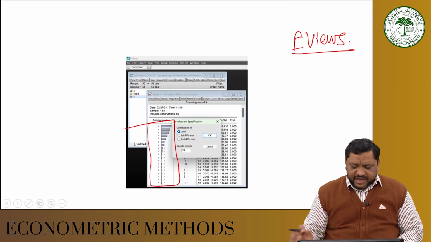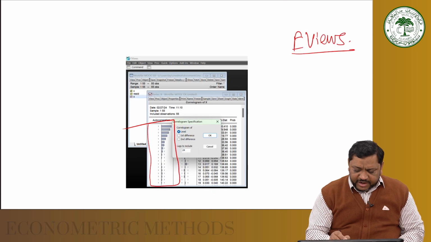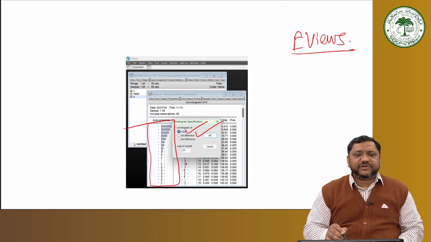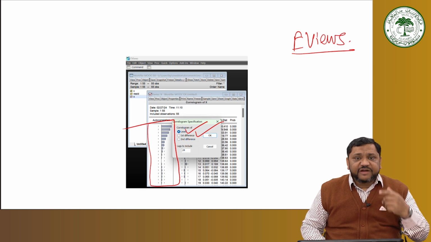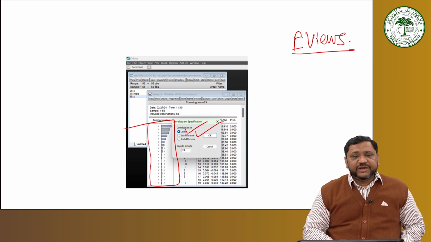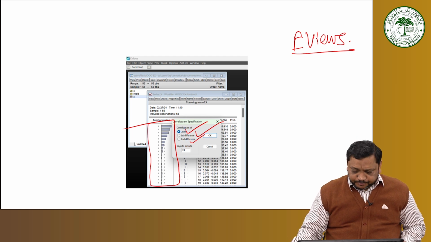Like in the first slide I have shown you, we can do it at level or at first difference, or even some series do not become stationary at first difference, they become stationary at the second difference. So that option is also given over here.